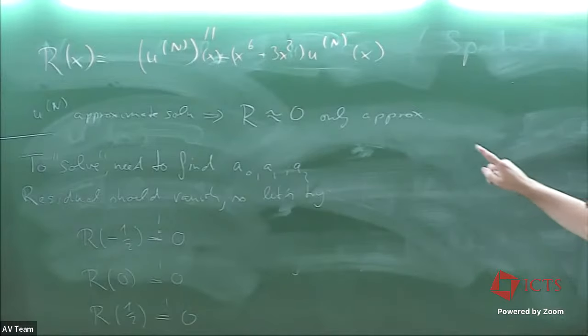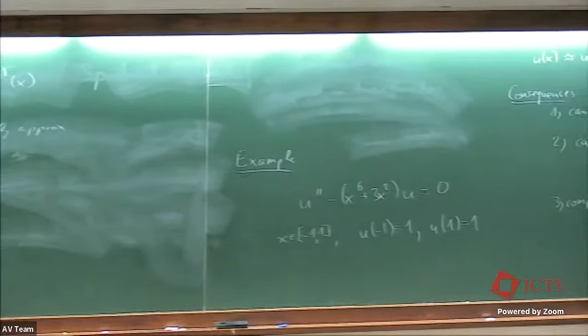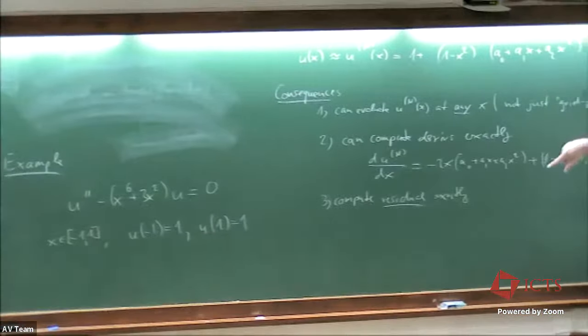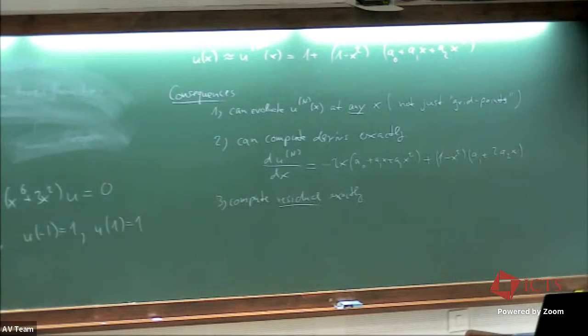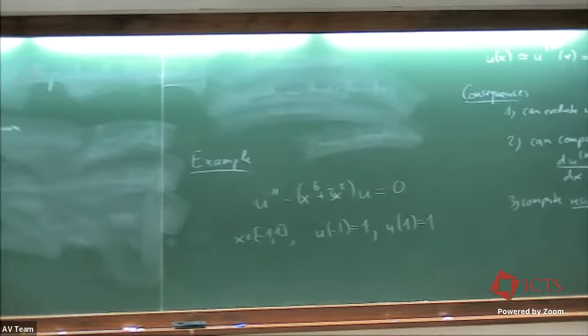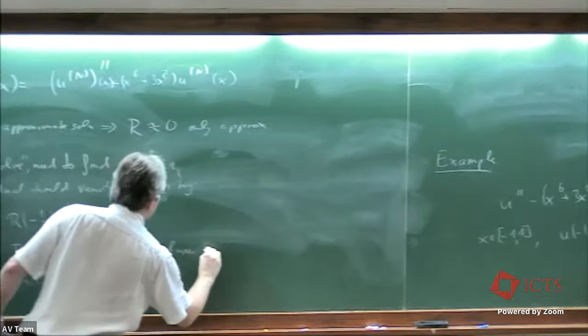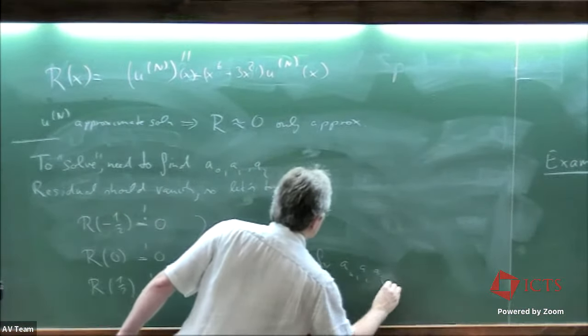Okay, so the un and the un double prime are all linear in the a0, a1, a2. There's never a square of those things around. And so there's some algebra involved doing the second derivative. But if you go through this algebra, what you end up with at the end of the day is three linear equations for a0, a1, a2.